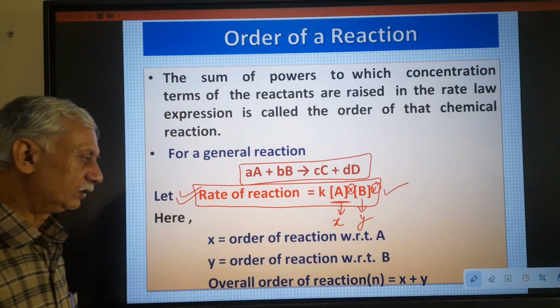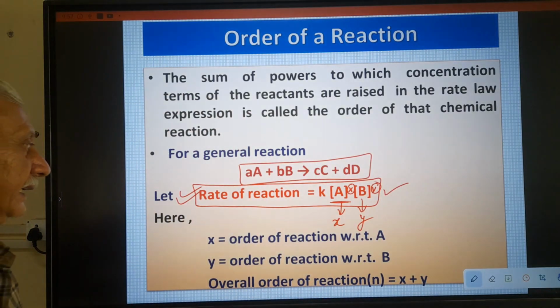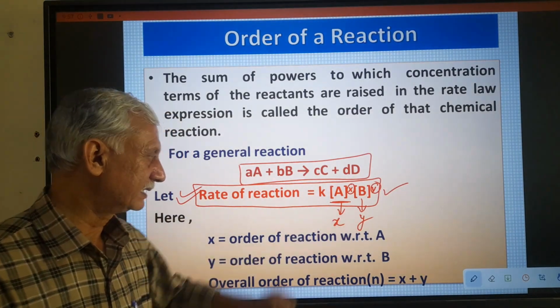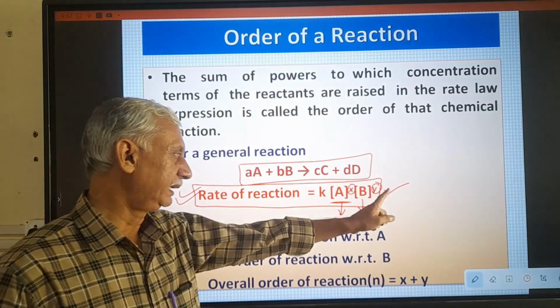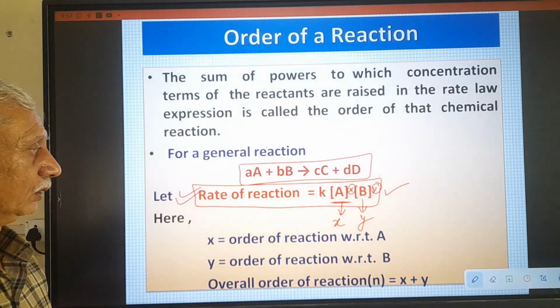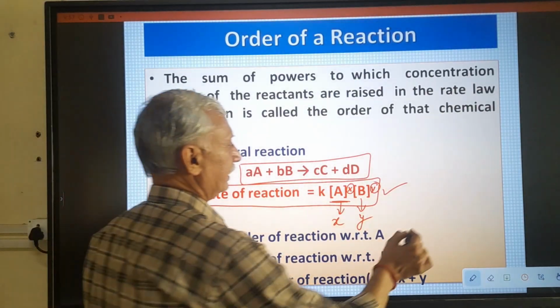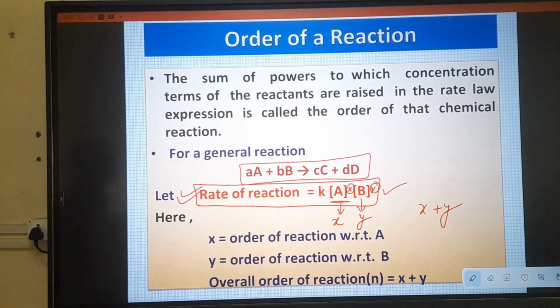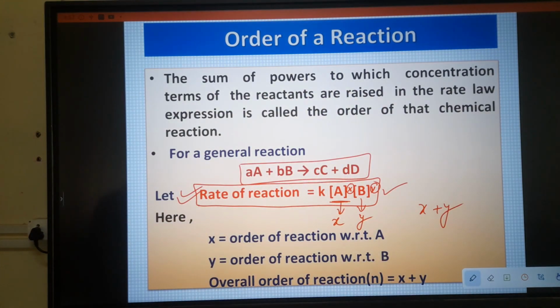If we want to know the overall order of the reaction, with respect to reactant A it is x, with respect to reactant B it is y, and the total or overall order of the reaction is x plus y.